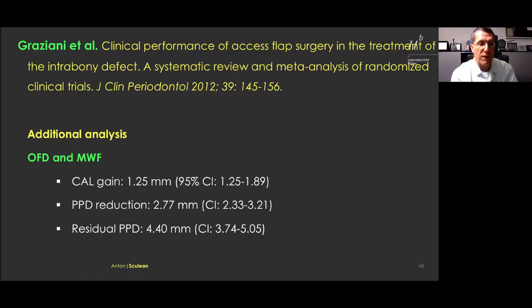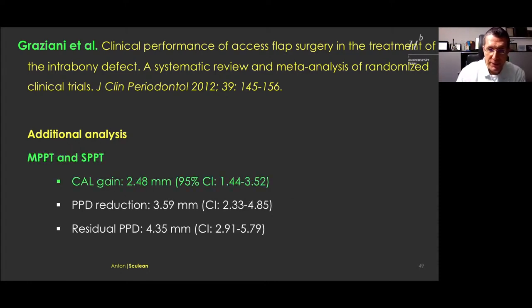Look at the open flap debridement or the classical modified Widman flap. You just open up, clean, and replace the flap, or maybe they also use some paramarginal incisions. If you use the flap design in a classical way, then the gain of clinical attachment is about 1.25. Okay?